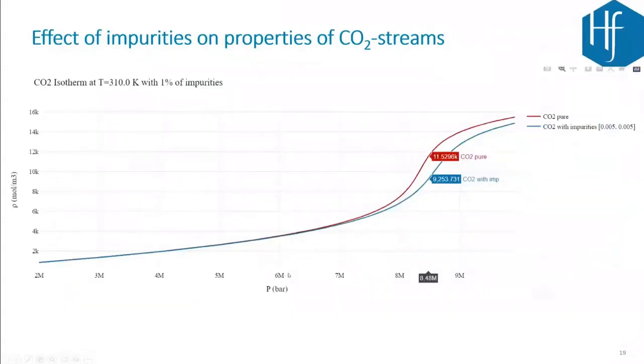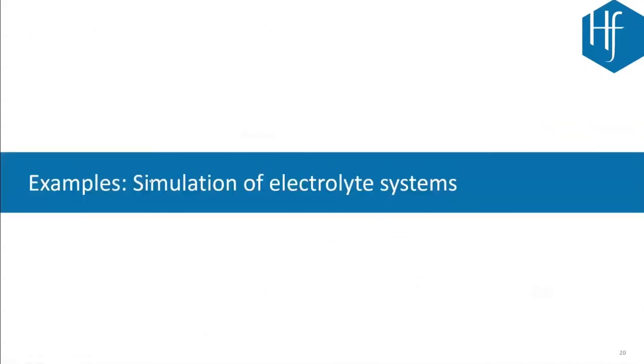And mixtures is really key here, because even small impurities, like in this case 1% of oxygen and nitrogen, lead to great changes in the density just around the operating conditions of the compressor. So that's one of the upcoming works that we're looking at.